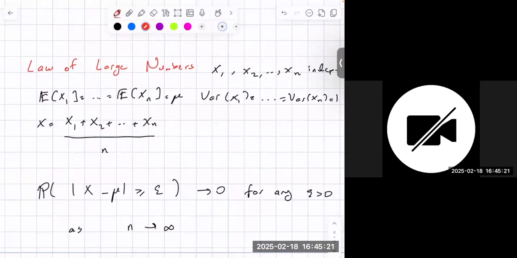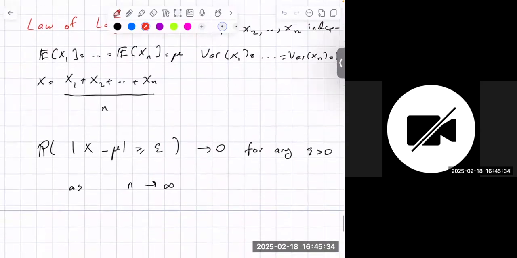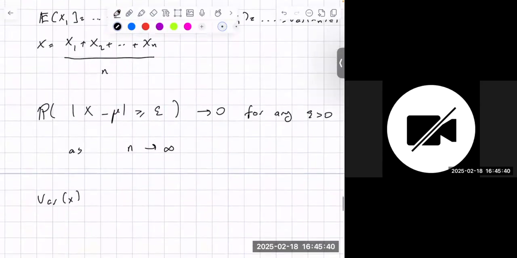So if you look at this random variable and try to compute its variance, what happens? We know they are independent, so the summation is going to go nicely. Okay? So let's do the variance computation. I'm computing the variance of this guy.